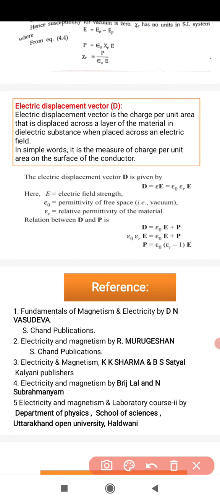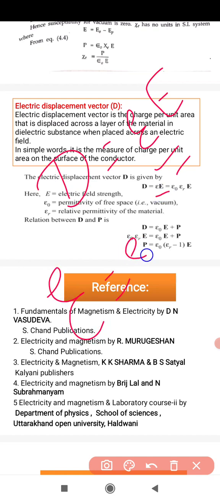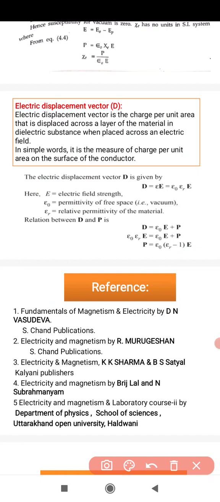Therefore, the electrical displacement vector D is generally given by D equals epsilon into capital E. Epsilon is the product of epsilon naught into epsilon R. Here epsilon naught is the permittivity of free space, and epsilon R is the relative permittivity of the material.